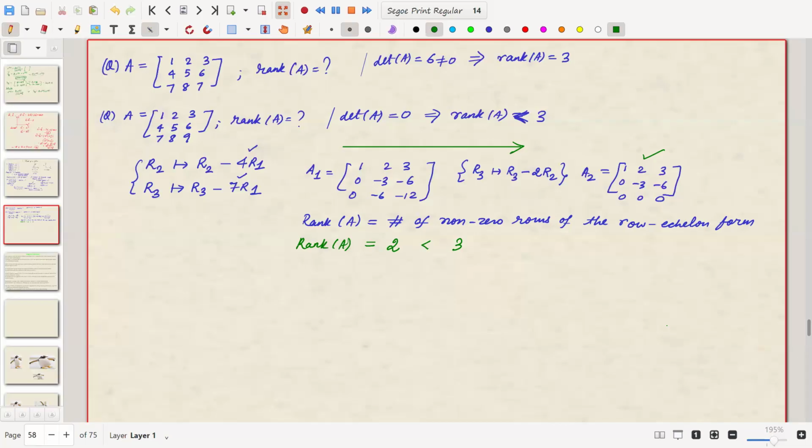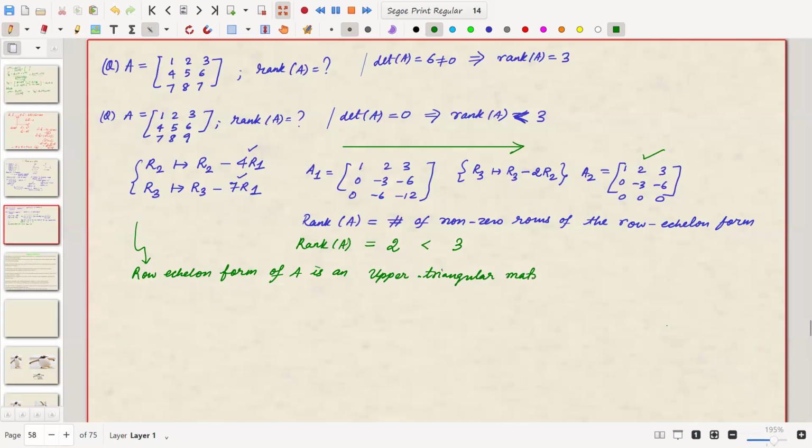And more importantly, you can see that the row echelon form of A is a special matrix. It's an upper triangular matrix. So what does upper triangular matrix mean?